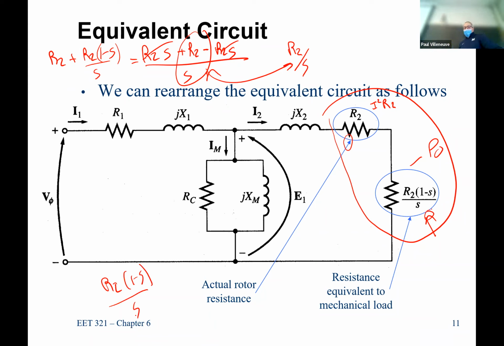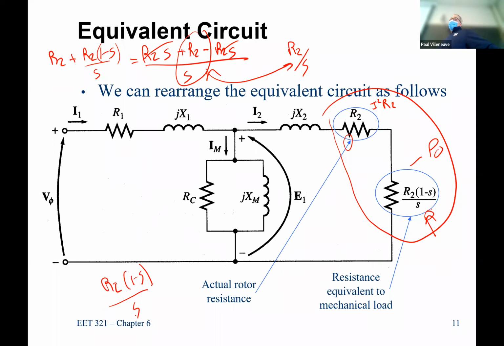Well, let's go at synchronous speed. What is the value of S equal to? When they're spinning at exactly the same rate of speed, what's the slip equal to? Slip is the definition of the difference in speed between synchronous speed and actual speed.